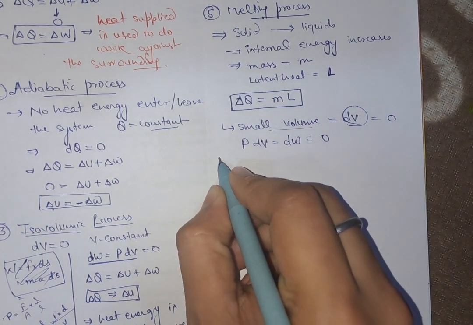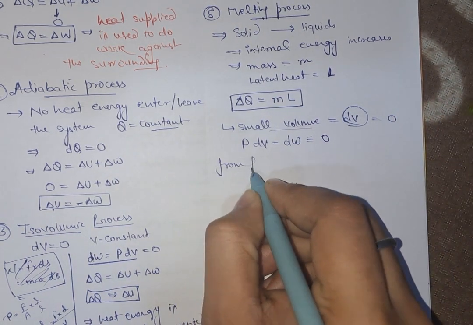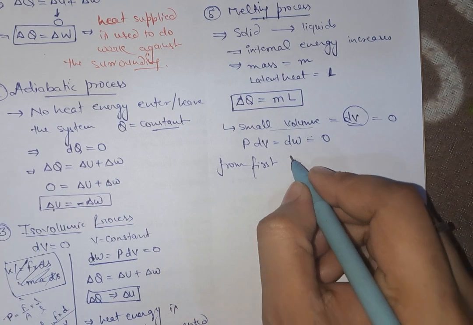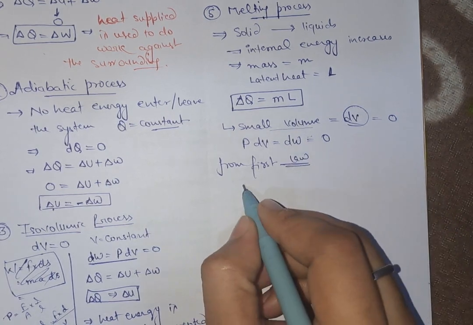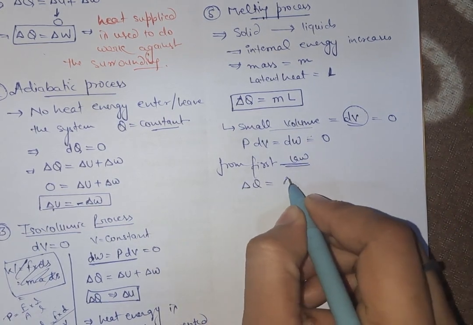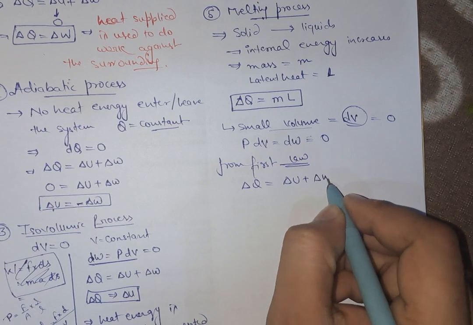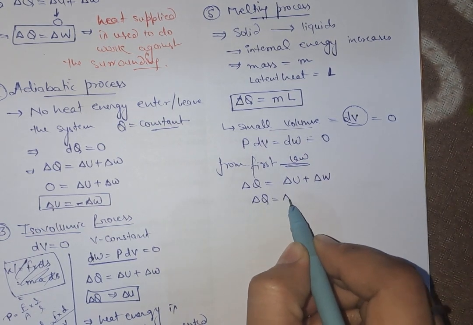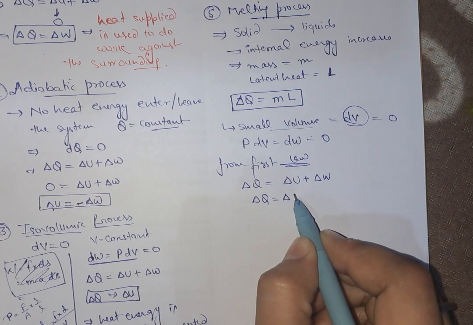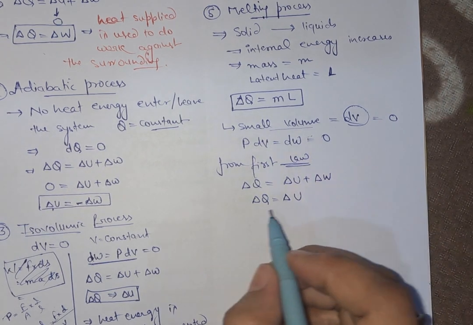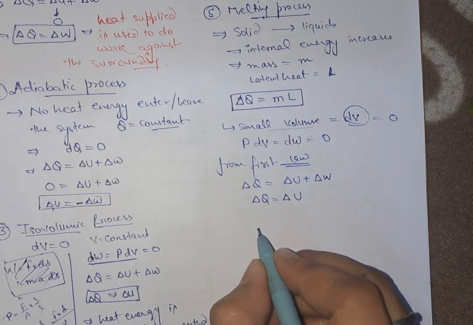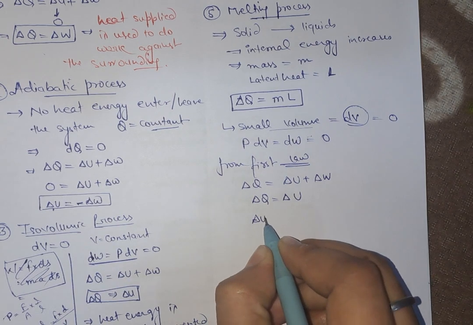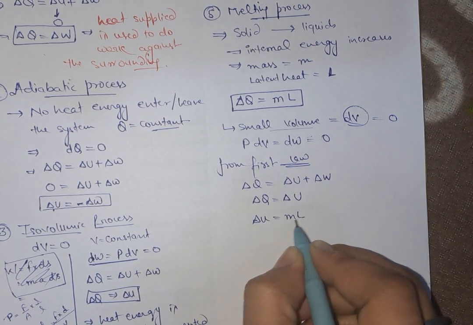Now, from the first law, delta Q is equal to delta U plus delta W. Since delta W is 0, we can write this as delta Q is equal to delta U. And what was delta Q? Delta Q is equal to mL.